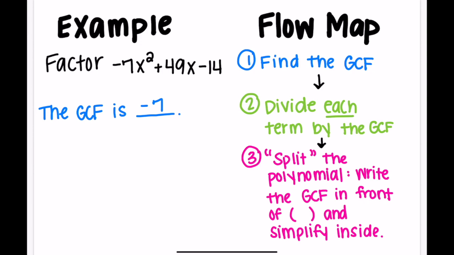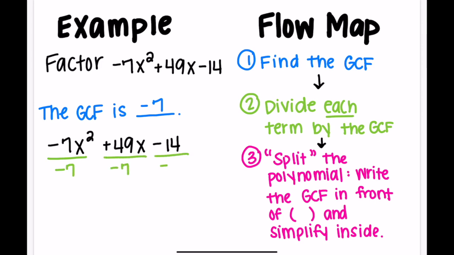So our step 2 is to divide by the GCF. So everything gets divided by -7. Okay, now our process is just simplifying and place your GCF in front of the parentheses. So I'm going to have a set of parentheses and my GCF is going to go in front.